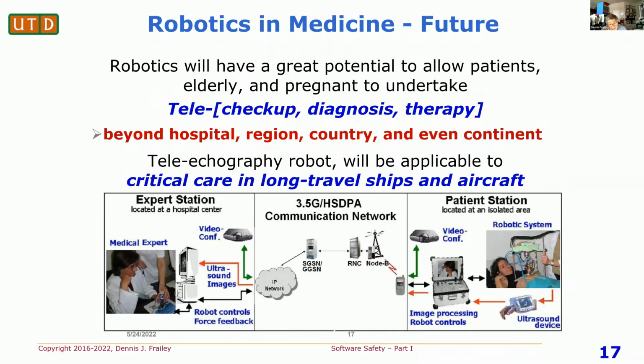Well, they're already implementing telemedicine, where a surgeon or other medical expert can be in a hospital somewhere, and you can be anywhere as long as you have the internet and perhaps some more simplistic devices available. And they can take care of you, at least to some extent, remotely. There's even talk about doing surgery remotely, putting a Da Vinci machine in your cruise ship and then have the surgeon be back home in Dallas or something.